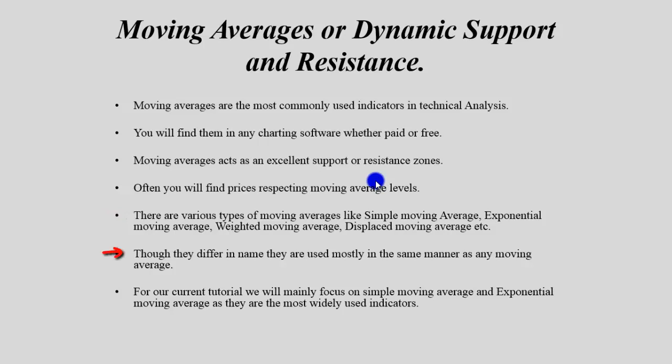Though they differ in name and calculations, the manner in which they are interpreted is mostly the same. For our current tutorial, we will mainly focus on simple moving average and exponential moving average, as they are the most widely used indicators.